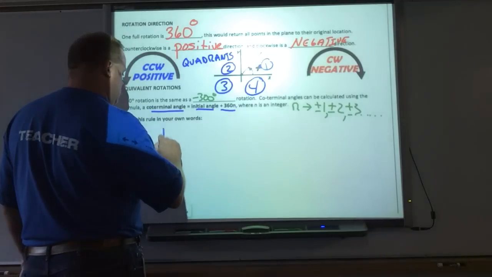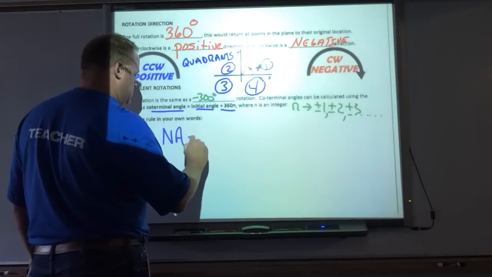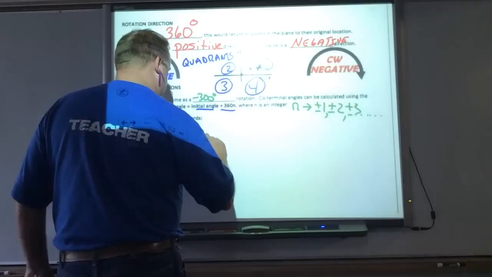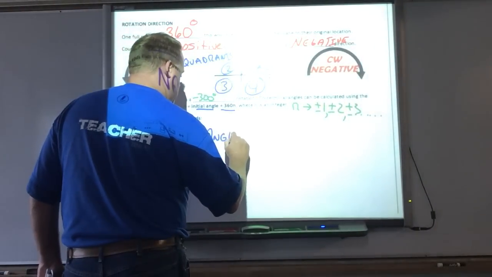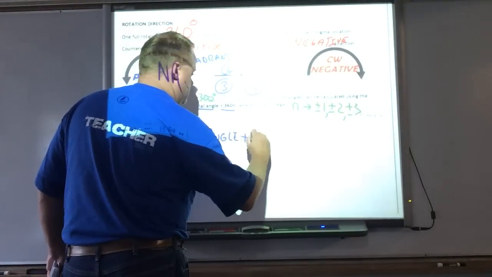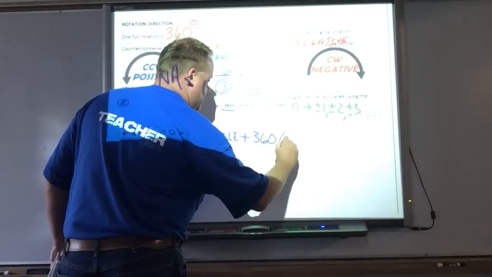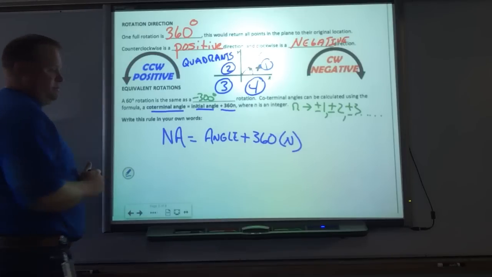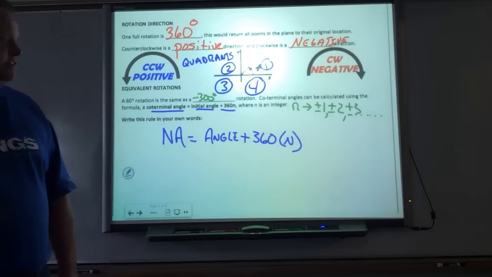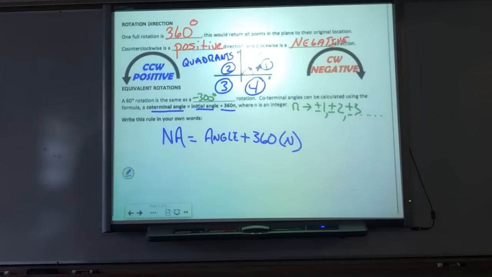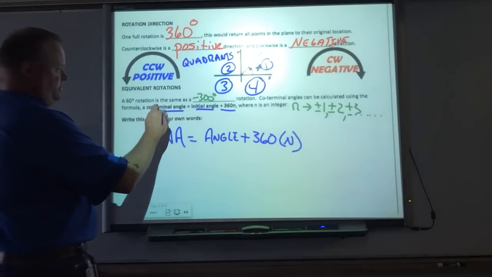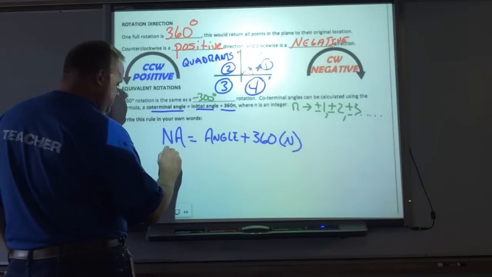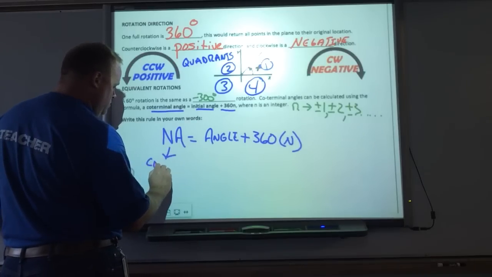I'm going to say new angle. New angle is equal to the angle that I choose plus 360 times n. So new angle equals angle plus 360 times n, and this new angle is what I'm using for the word coterminal angle.